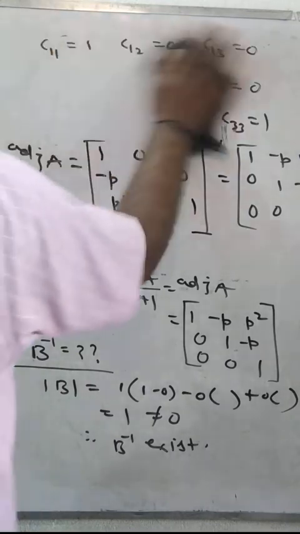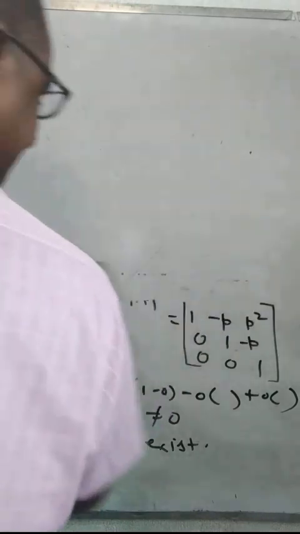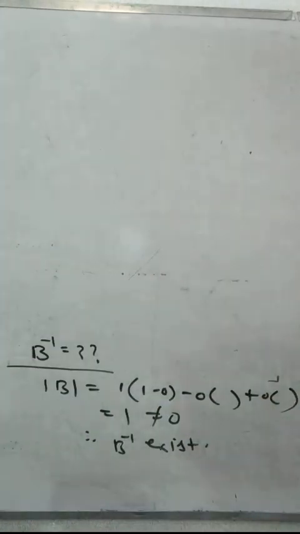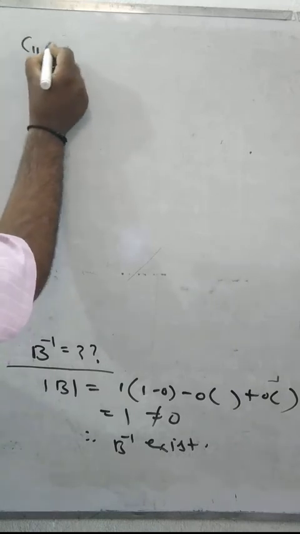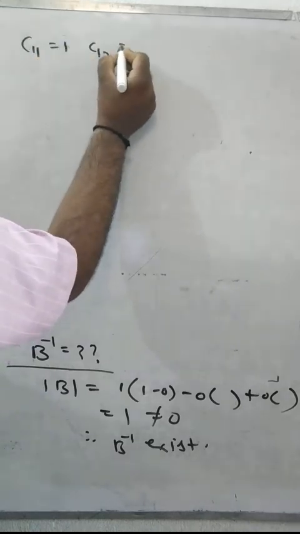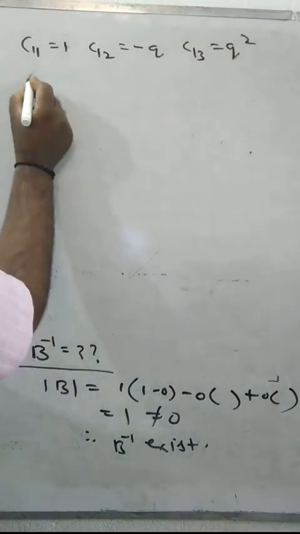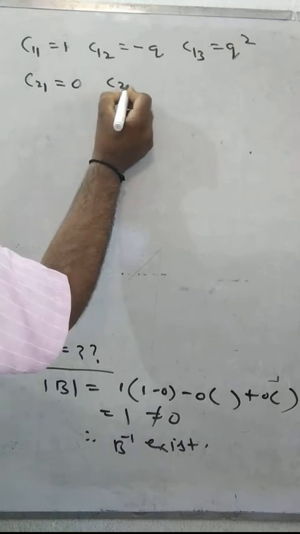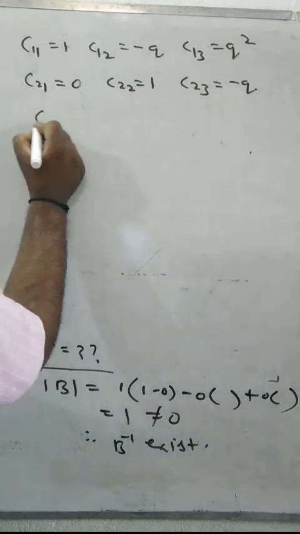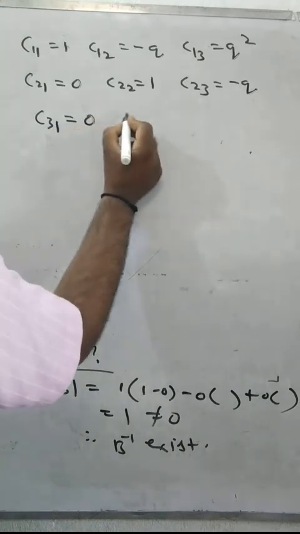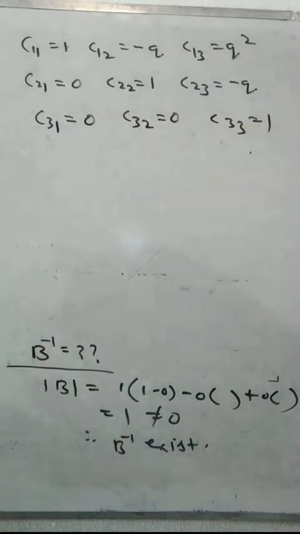Now let us come to find the cofactors of matrix B. C11 is equal to 1, C12 is equal to minus Q, C13 is equal to Q square, C21 is equal to 0, C22 is equal to 1, C23 is equal to minus Q, C31 is equal to 0, C32 is equal to 0, C33 is equal to 1.